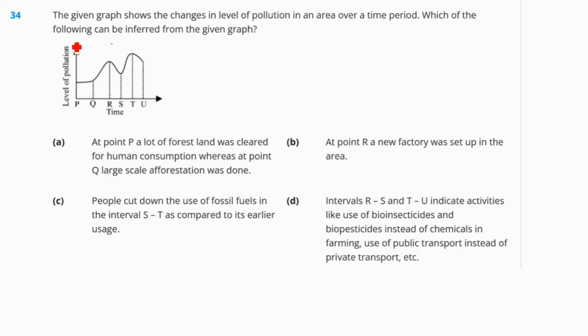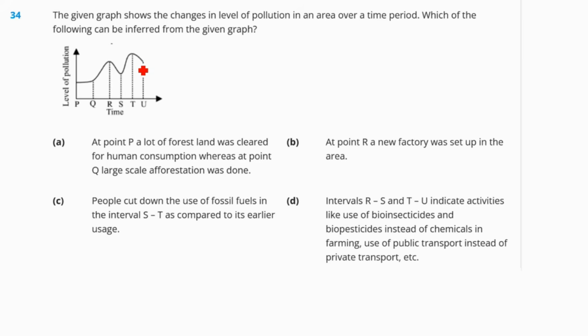Question number 34. The given graph shows the changes in level of pollution in an area over a time period. Which of the following can be inferred from the given graph? So here you can see that the level of pollution starting from P level, it is gradually increasing, but in the point S, we can see a slight decline and then a sudden increase and then U in the declining phase.